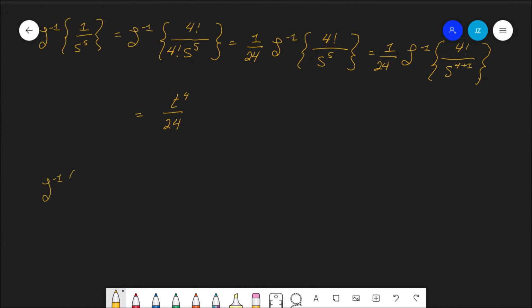Let's look at the inverse transform of 1 over s squared plus 7. So this will be the inverse transform of the square root of 7 over square root of 7 times s squared plus 7.